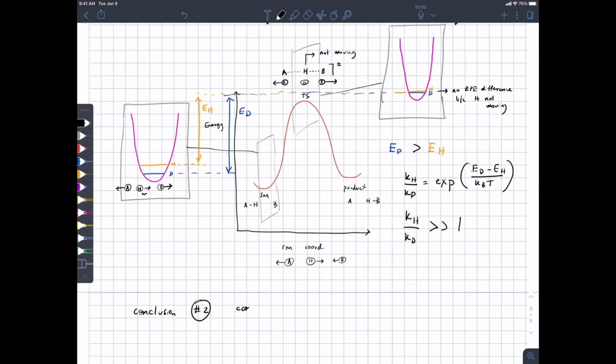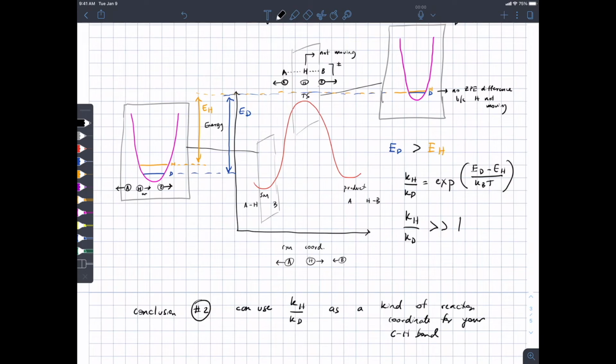You can use the kinetic isotope effect as a kind of reaction coordinate for your carbon-hydrogen bond.